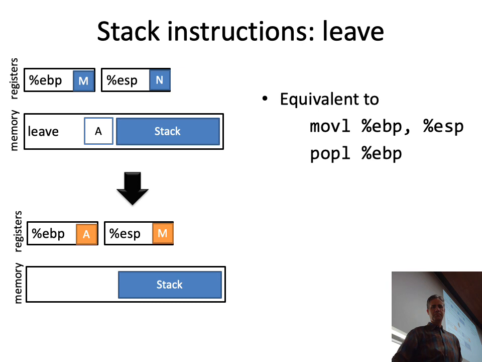It assumes the stack pointer points to where the saved frame pointer is. So it will move the current stack value into EBP and then pop EBP. We will see in a minute what a standard function call looks like to see why this makes sense. But you will see this at the end of almost every function, where it restores the previous frame pointer.